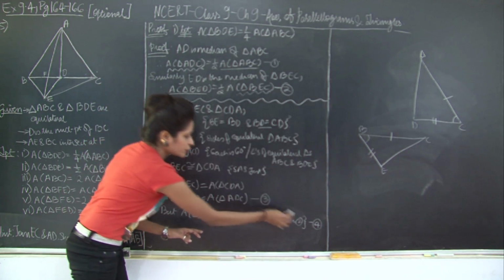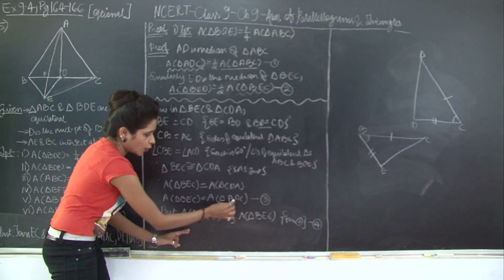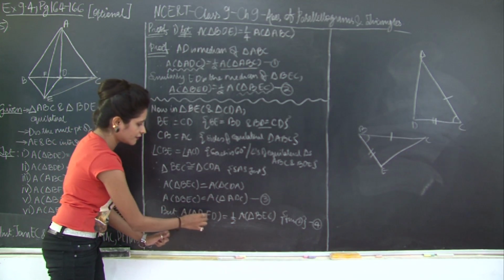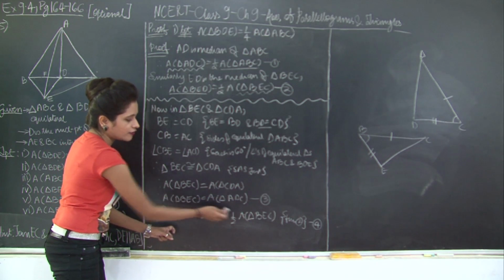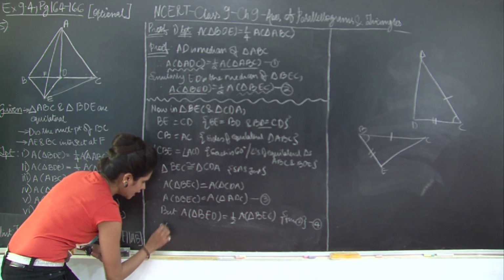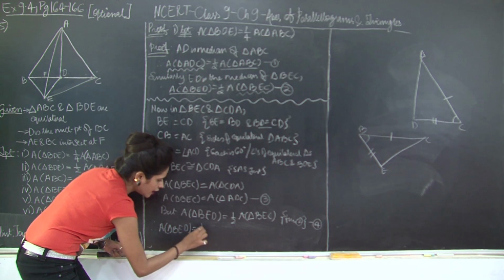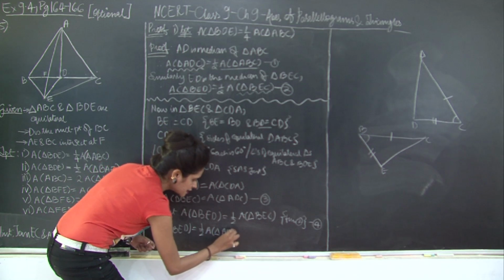So what do you get from 3 and 4? See, you have BEC here and BEC here. So obviously, quantities that are equal to the same thing are equal to each other. Therefore from 3 and 4 what do I get? BED is equal to half area of triangle ADC, right? Therefore area of triangle BED is equal to half area of triangle ADC.